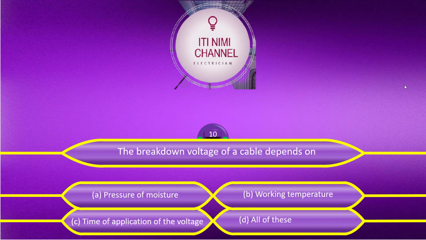The breakdown voltage of a cable depends on pressure of moisture, working temperature, time of application of voltage, all of these. The answer is all of these.